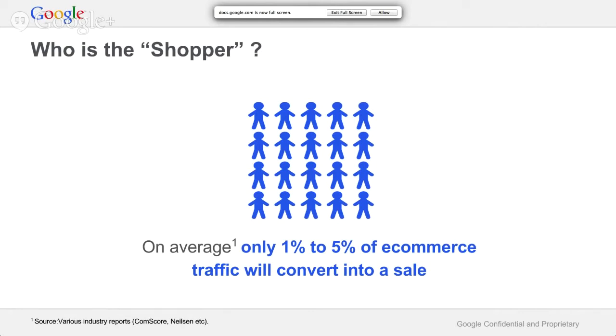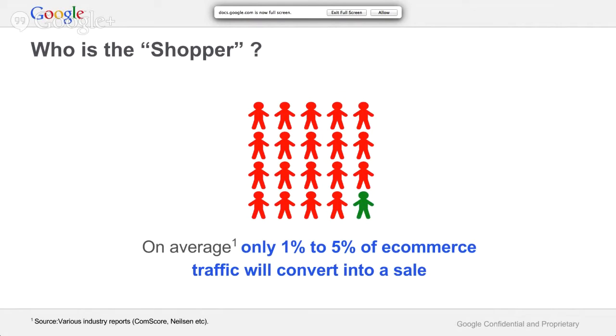We believe that the question at the end of the day for an e-commerce publisher is who is the shopper? If we look at the average online, we see that only 1% to 5% of e-commerce traffic will convert into a sale, depending on how well that website is actually behaving.